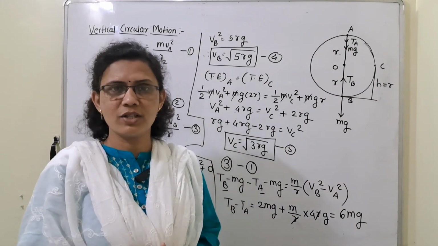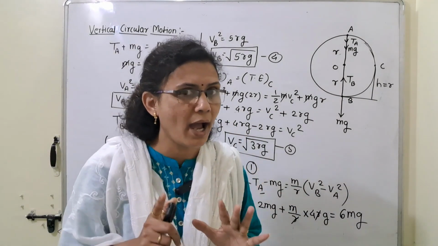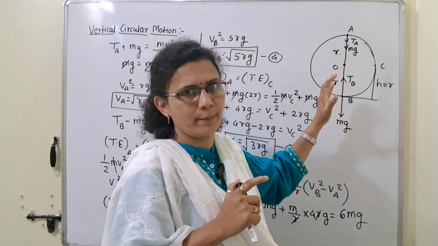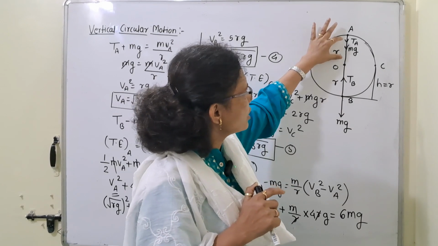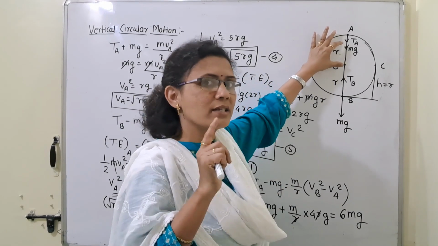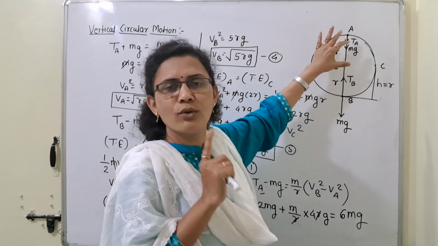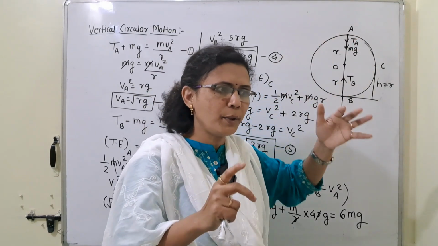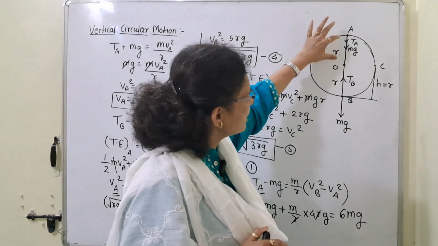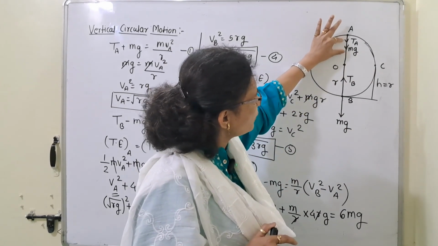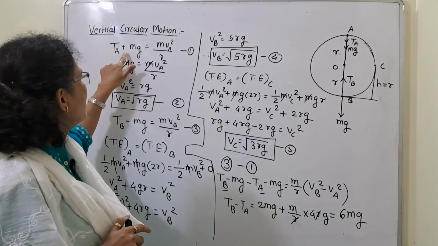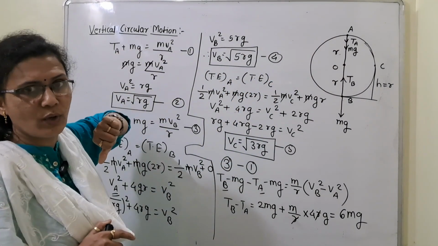You understood the derivation? Simply, first you have to draw this diagram correctly. Means the tension force and weight force, what is their direction? It is very, very important. And you have to know that the centripetal force is always acting towards the center. Means in this case, both are providing centripetal force. Therefore, I have taken TA plus mg is equal to mva square by r.